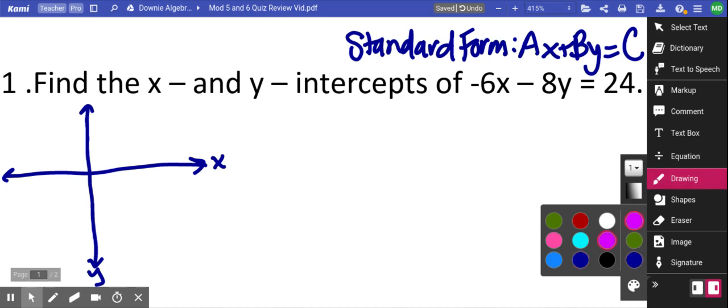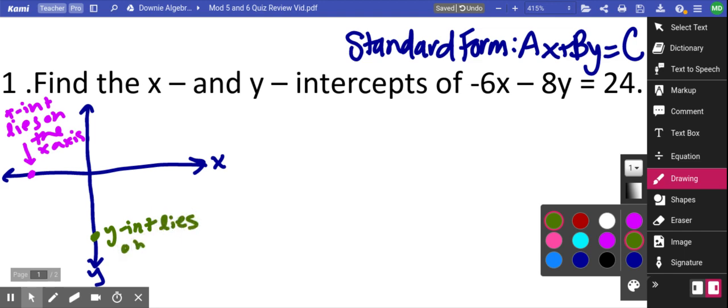As a reminder, if we were to find an x-intercept, it lies on the x-axis. If we're to find our y-intercept, it lies on the y-axis.